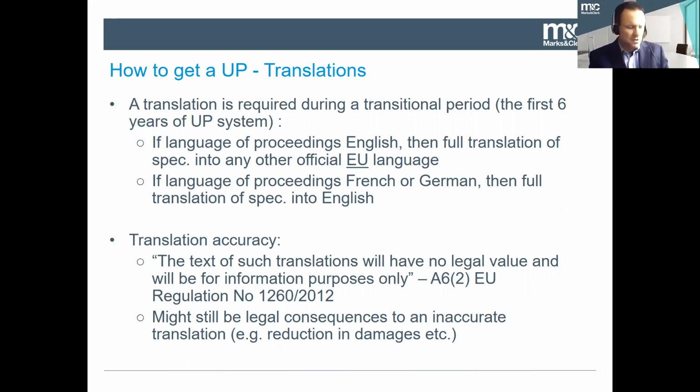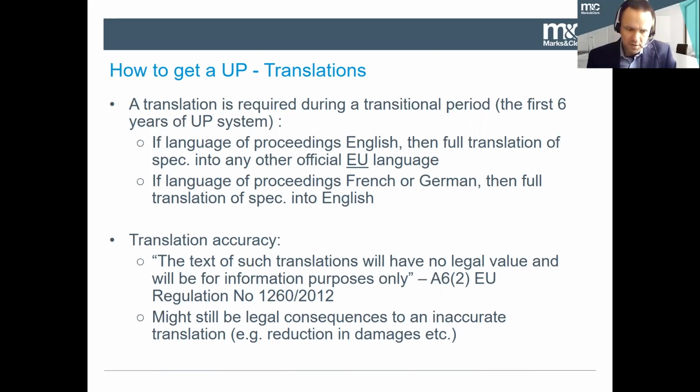Now, last time this topic became very hot, we had quite a few questions along the lines of, what type of translation do I need to file? Does it have to be a human translation, or could it be a machine translation? The rules don't explicitly deal with this, but what they say is that the translation will have no legal value and it will be for information purposes only.